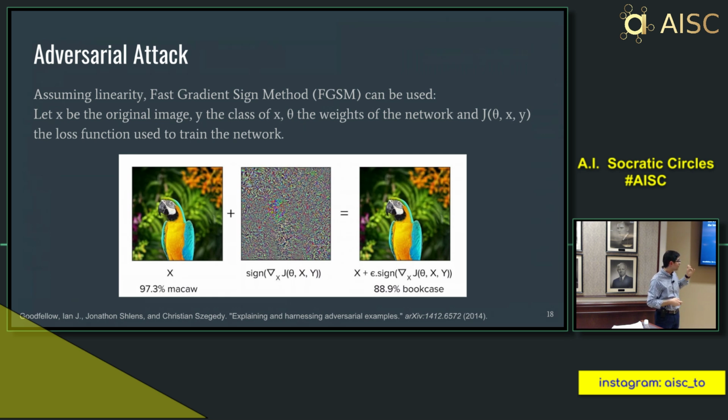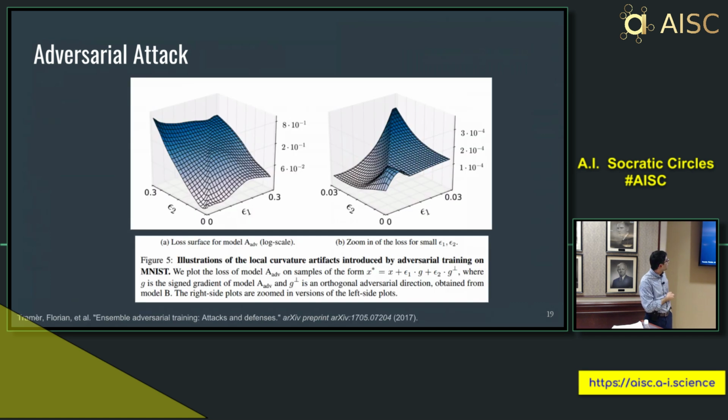It's very fast, and sometimes it's detectable, but in this example it's not detectable that much. Again, this relies on the linearity of the network, which is not the case in reality.